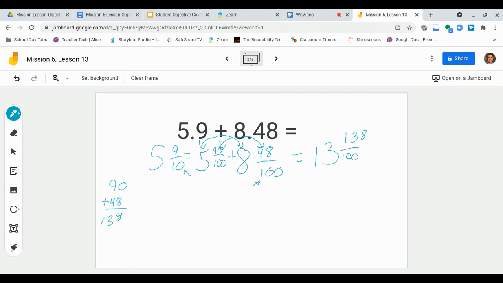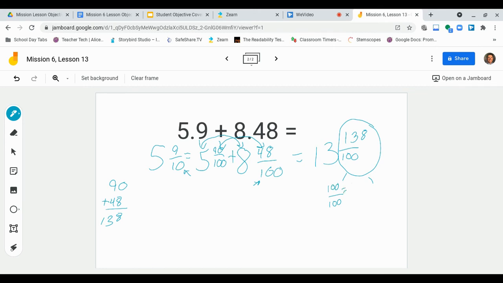Now, just like our previous problem, can I convert it into a decimal again yet? I cannot, because 138 hundredths is an improper fraction. I need to convert this into a mixed number, a proper fraction, before I can do that. So I'm just going to take the 138 hundredths, and I'm going to pull out a whole number. And again, if I'm in hundredths, how many hundredths make a whole number? 100 hundredths make a whole number.